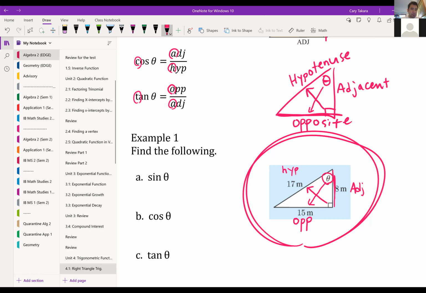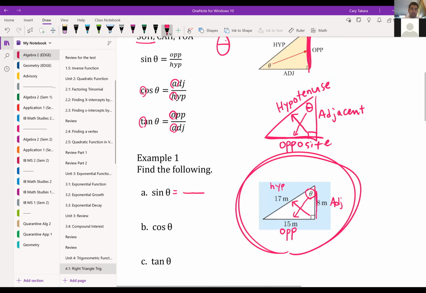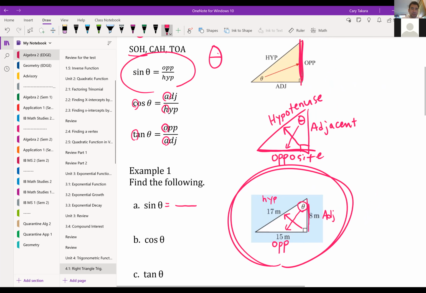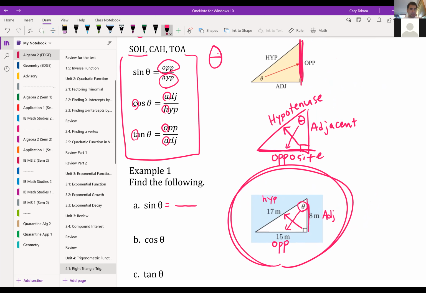In this problem, I am only asking you to set up the ratio. Sine of theta equals what over what? Give me the fraction. This is where SOHCAHTOA comes in handy. Sine of theta is defined as opposite over hypotenuse, isn't it?